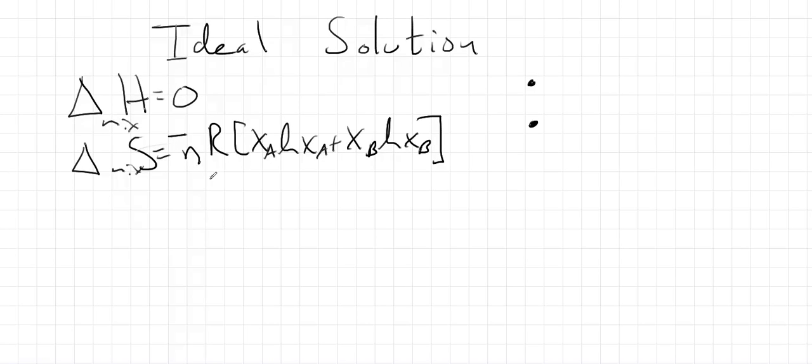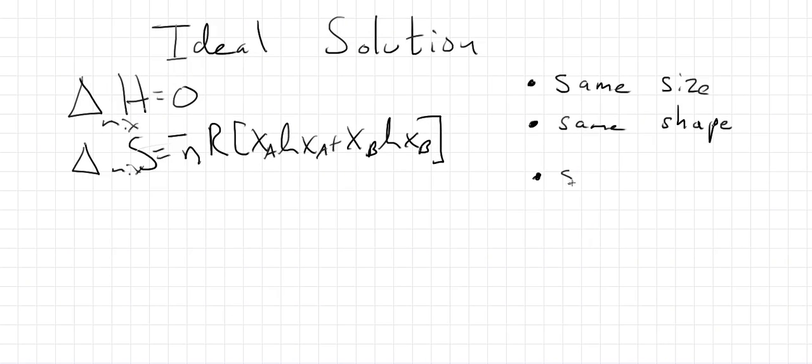Well, when would we get this in solutions? We get this in solution if we have these characteristics. If we have the same size molecules and the same shape of molecules. Okay, so they can pack the same. And also, if they have the same IMFs, the same intermolecular forces. Now notice we don't have to have no IMFs to have random mixing.